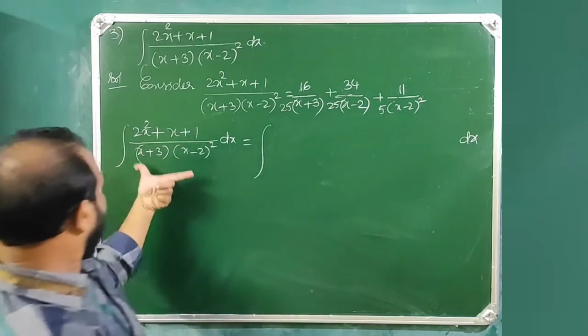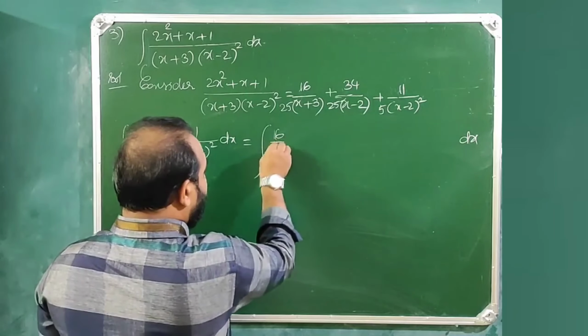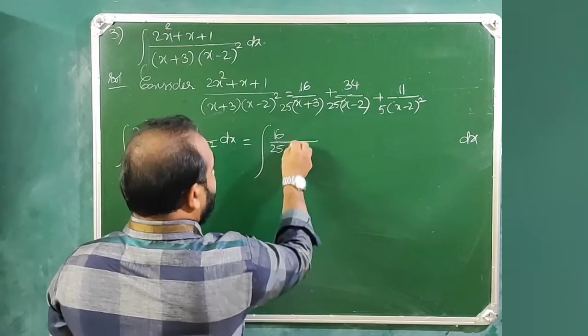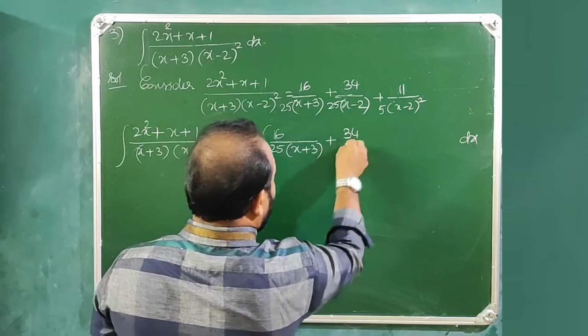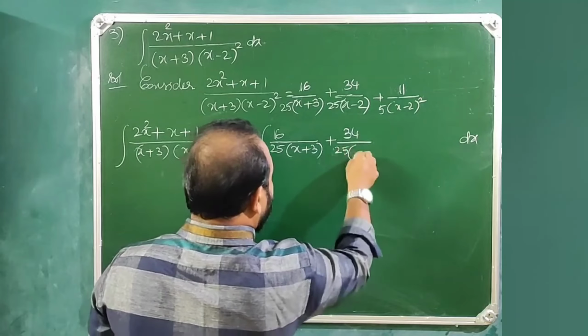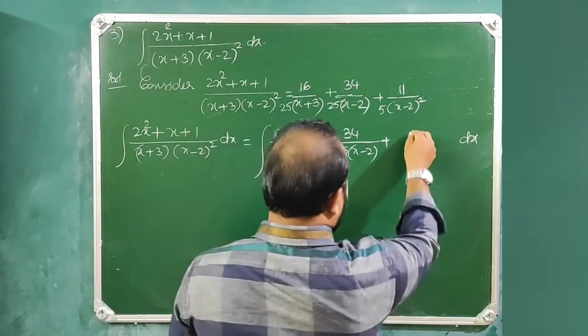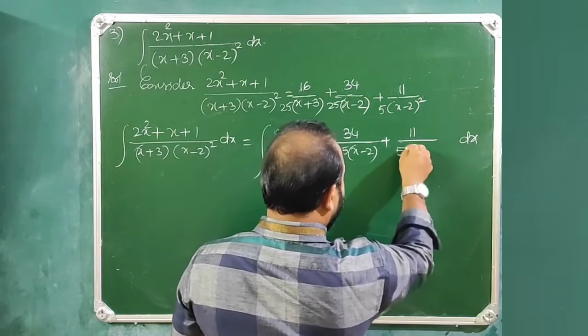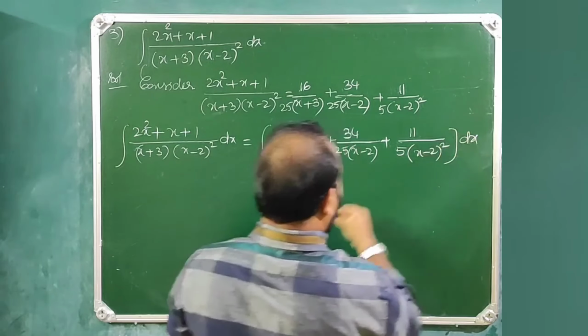So in the place of this, let us write this: 16/25 × 1/(x + 3) + 34/25 × 1/(x − 2) + 11/5 × 1/(x − 2)², whole dx.